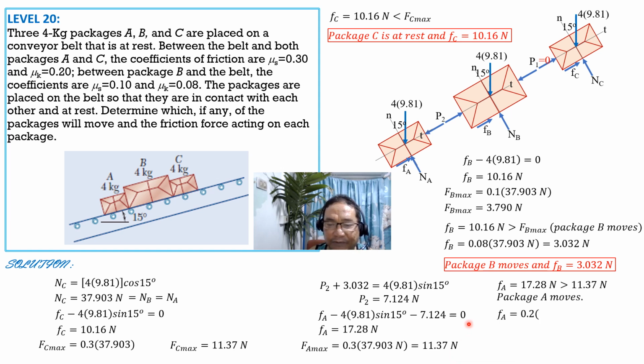And because it moves, by principle, the maximum frictional resistance is coefficient of kinetic friction 0.2 times normal, 37.903. So FA is 7.581 newtons. So for the final answer, package A moves and FA is 7.581 newtons.